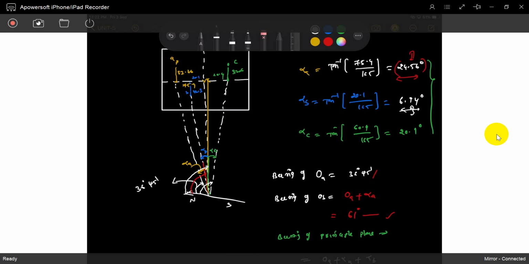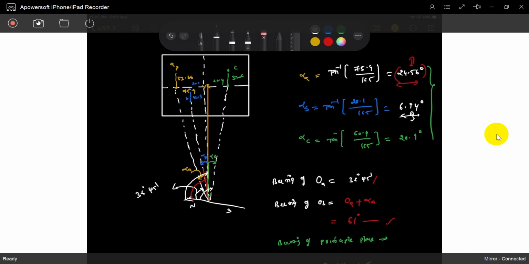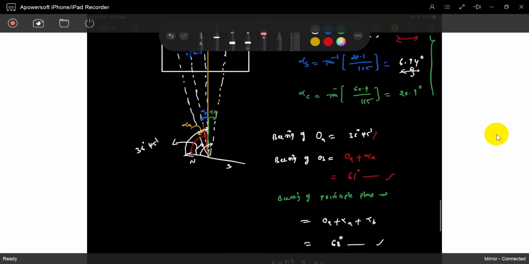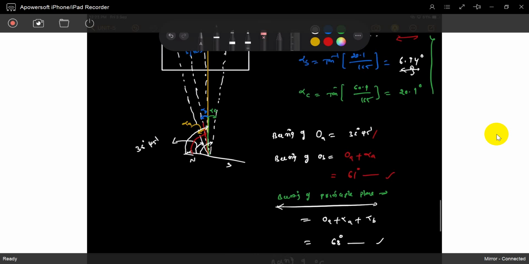Sorry, one thing is missing. We made some mistake. What is the mistake? What is the bearing of the principal plane? If you see, it is alpha A and alpha B. This is alpha A, this is alpha B. I can't understand one thing.